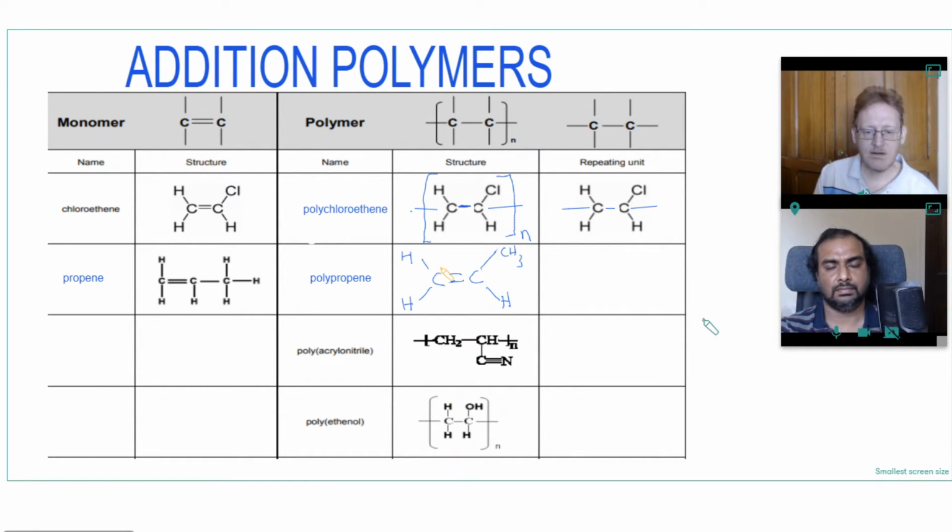So if I just get rid of the double bond now and form a single bond, and then show that those electrons are being used to form the polymer from the other bond, then that repeated lots of times is our polymer structure. And the middle of that is our repeating unit.